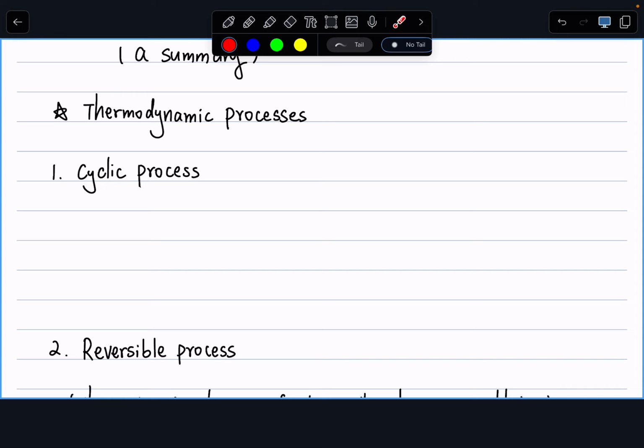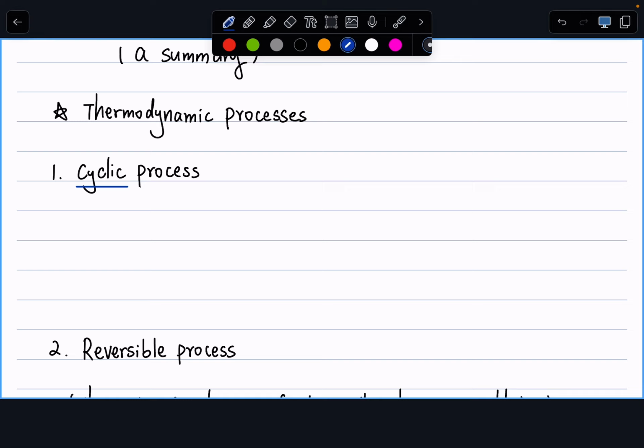First one, cyclic process. Remember what we're saying when a process is cyclic: this process has the same initial and final thermodynamic state. So a cyclic process tells us my initial and final thermodynamic states are the same.